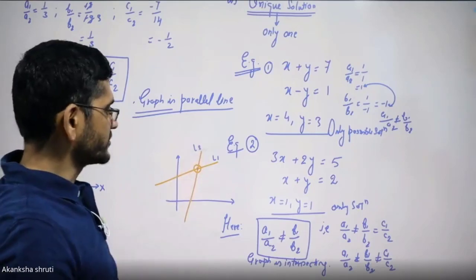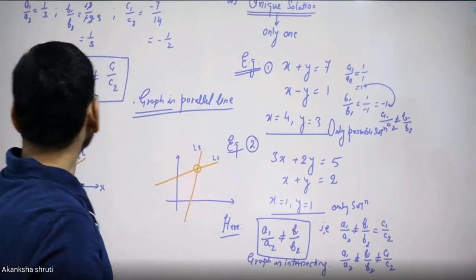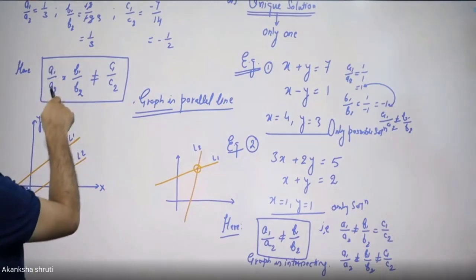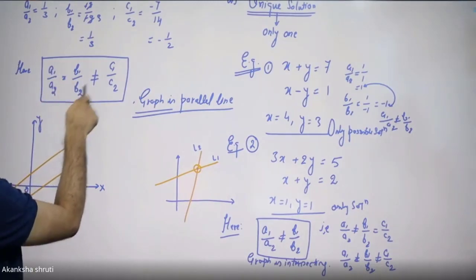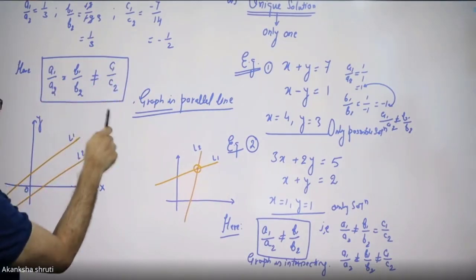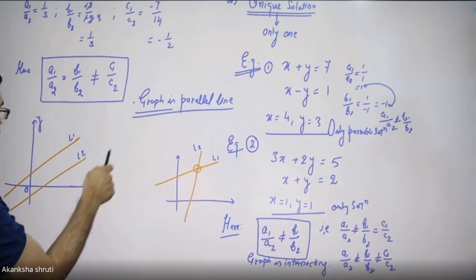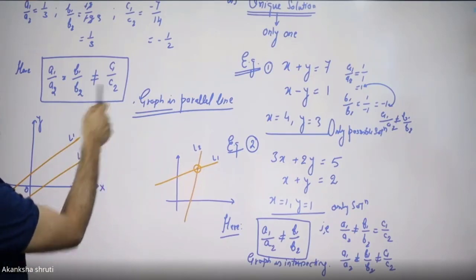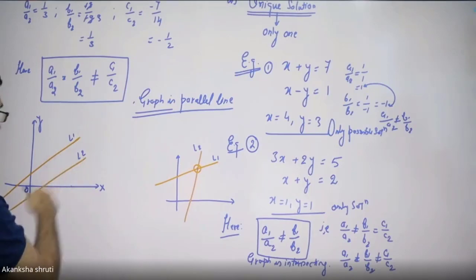Now let us come to the third case. Students, what we have observed: a1 by a2 equals b1 by b2 not equal to c1 by c2. In that case, such an equation does not have any solution. Their graph will be parallel.